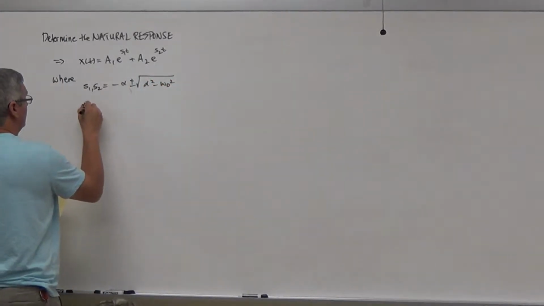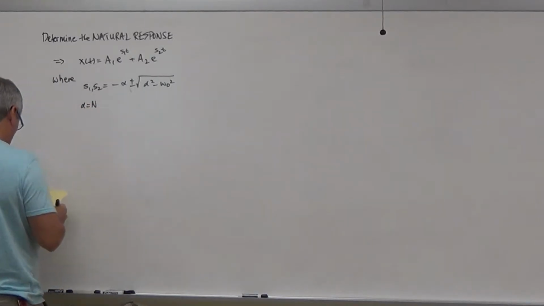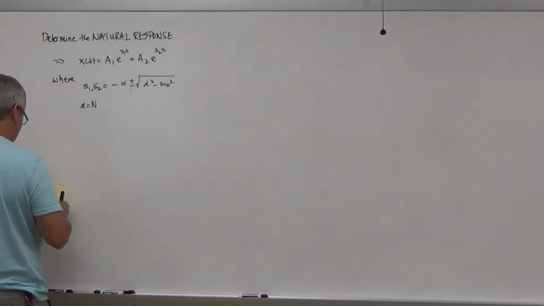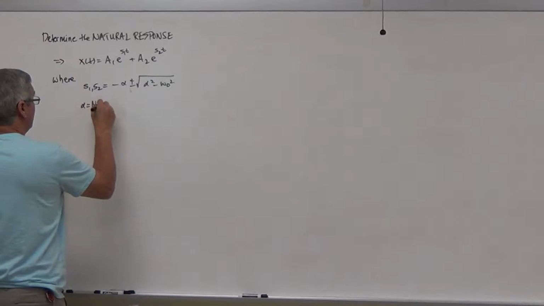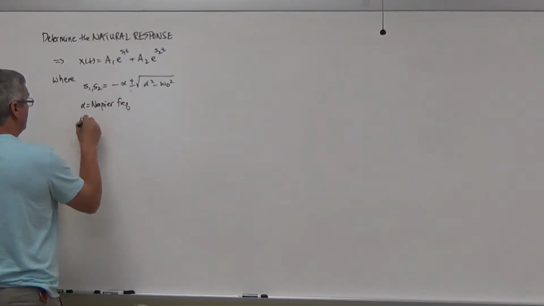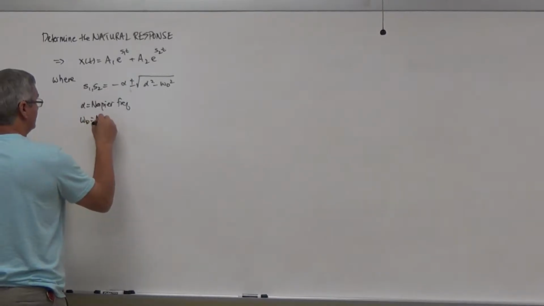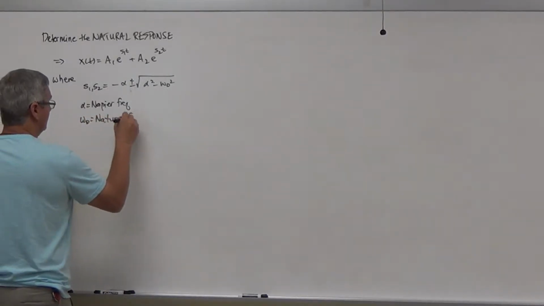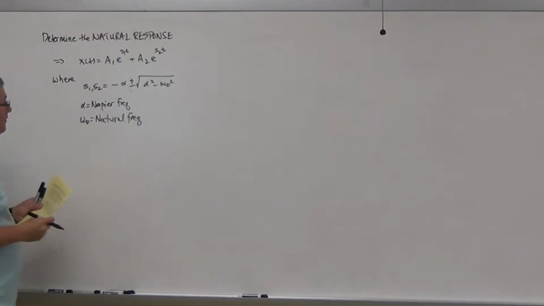And alpha is known as the, what do they call it? The Napier, I think it is? Napier frequency. And omega naught is the natural frequency. Just for language. By the way, we can measure these in the lab.